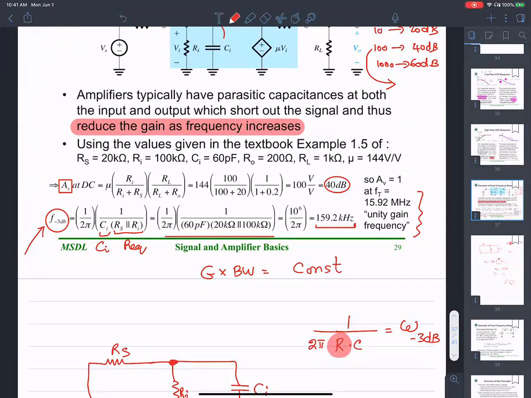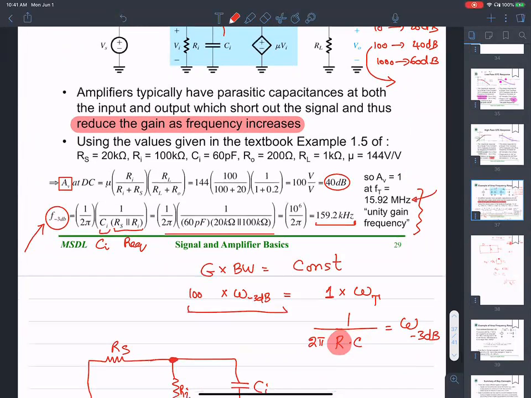If your gain is 40 dB or 100 at the frequency omega 3 dB, that is exactly going to be the gain times the omega t. So omega t you can find out by 100 times the omega 3 dB. That's exactly what is shown here.